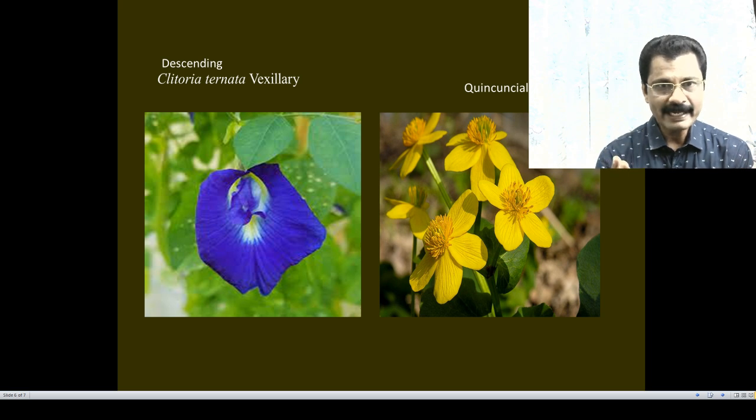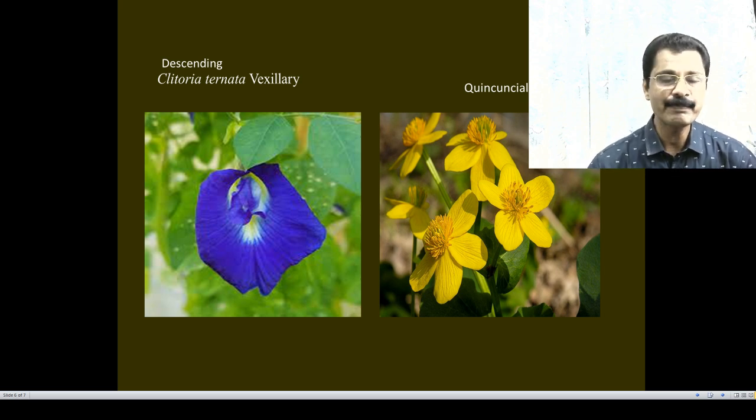The 2 wing petals, one is inside and the other is outside in position. The keel petals are completely enclosed inside the wing petals. Such a type of imbricate estivation is called descending imbricate estivation. So a typical example is pea plant.